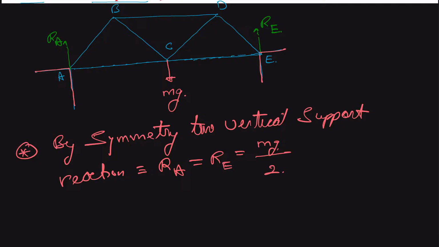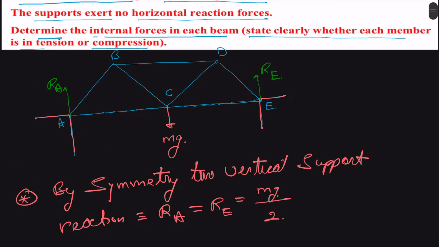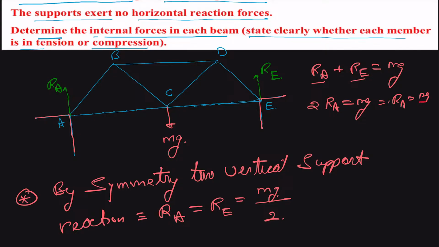Or we can do it otherwise also. We can write the force in the vertical direction: RA plus RE is equal to mg, and RA and RE are equal. Therefore 2RA is equal to mg, and we get RA equal to mg by 2, which is nothing but equal to RE. Okay, either way, we are going to get the same answer.